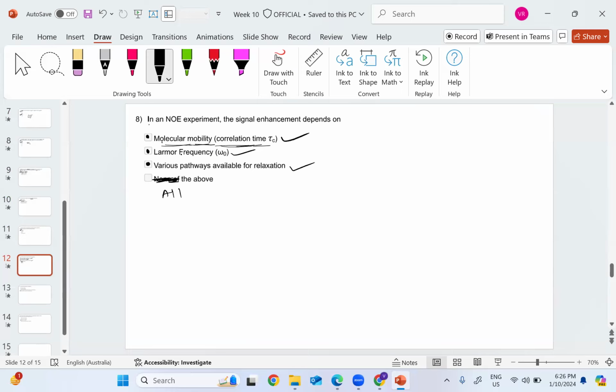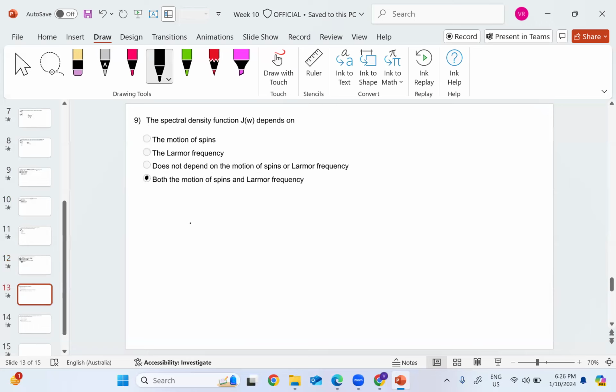So the signal enhancement depends on all of these factors: A, B, C, all three you need to take. In the ninth question, the spectral density function J(w) depends on the motion of the spin and the Larmor frequency. So option D is the correct option.